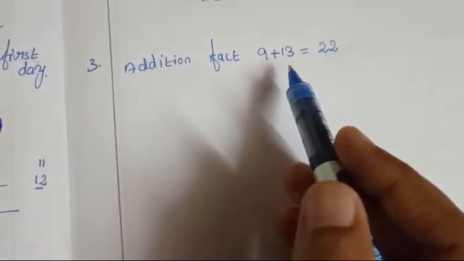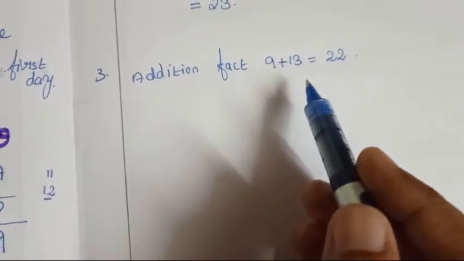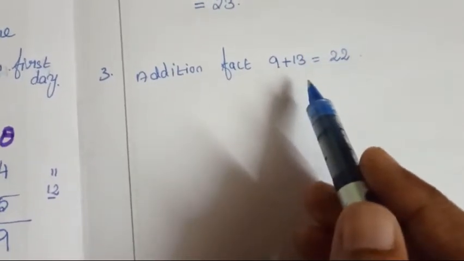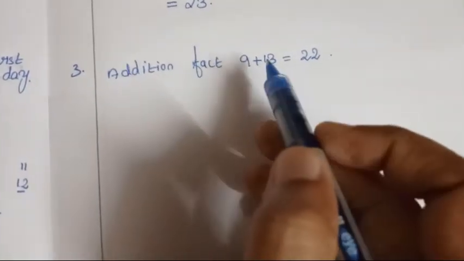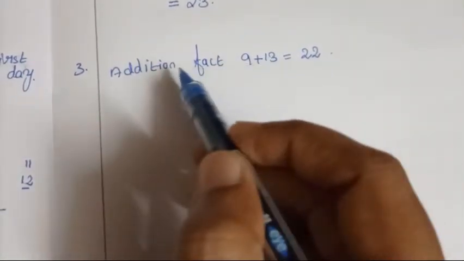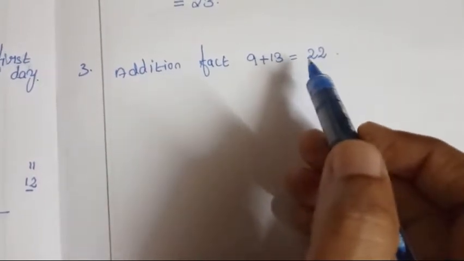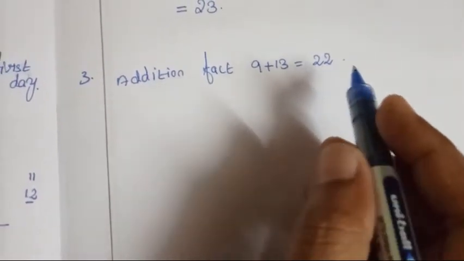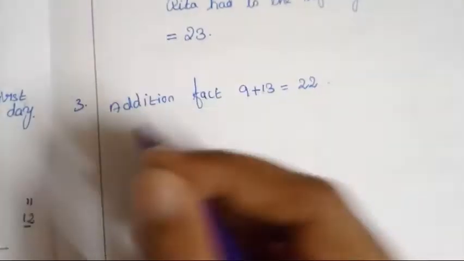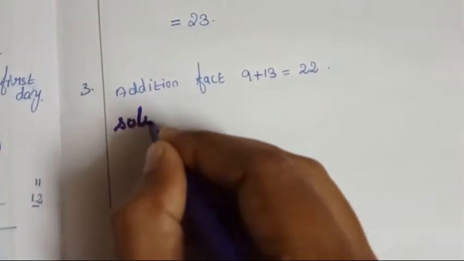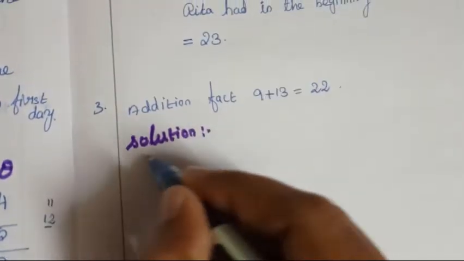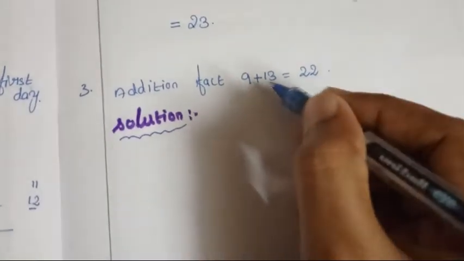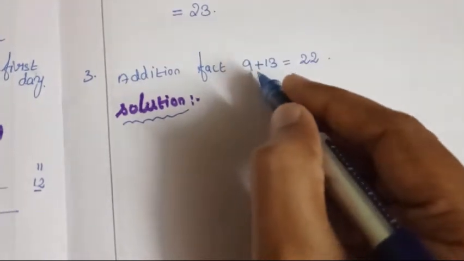Several different word problems can be framed for this addition fact. So, can you tell me how to frame the word problem for this? Yes, first write the solution, then try to frame a statement for these 9.